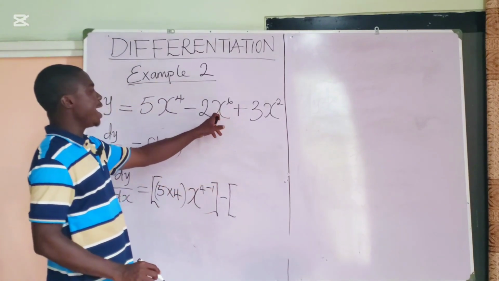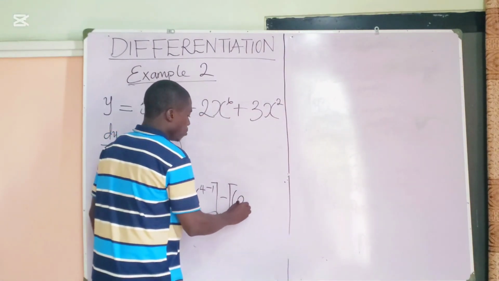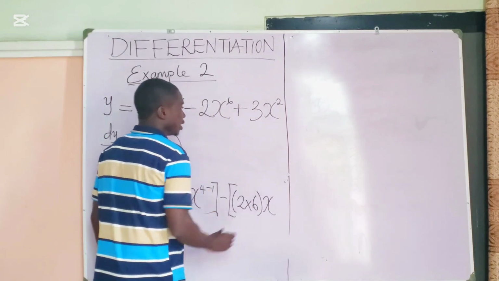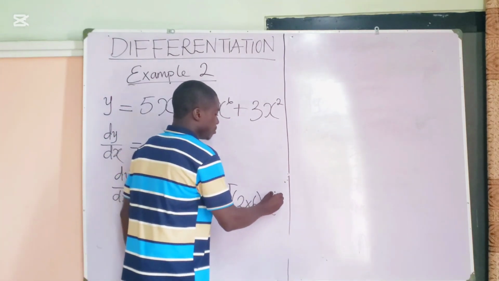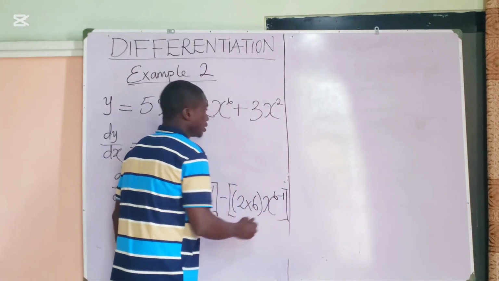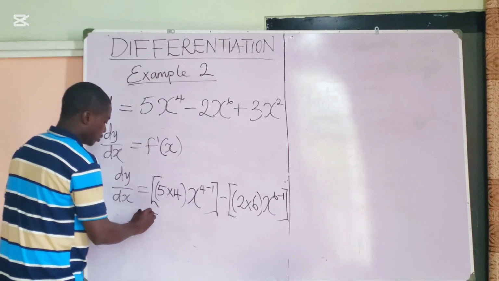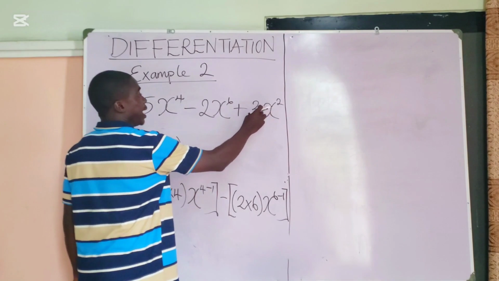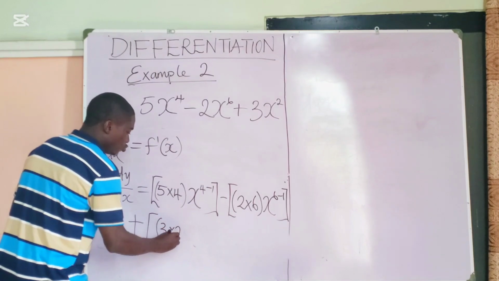If you multiply x by 6, we are going to have 2 multiplied by 6. You attach x and then subtract 1 from 6. You have 6 minus 1. You close the bracket and then plus, multiply x by its power. So we have 3 multiplied by 2.